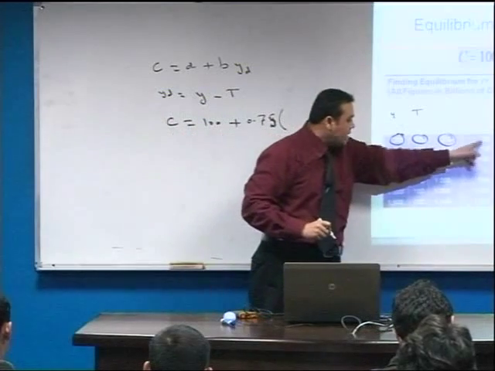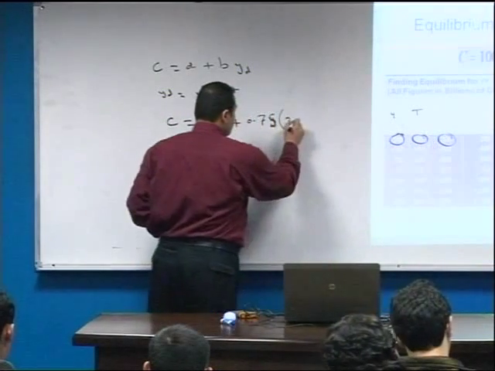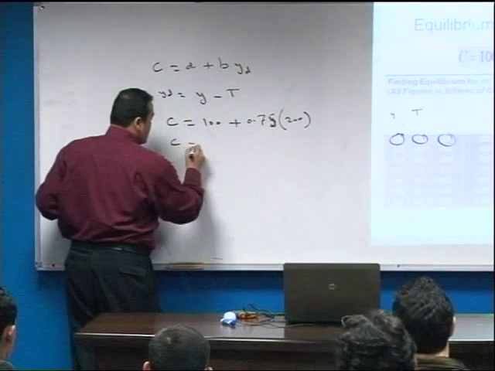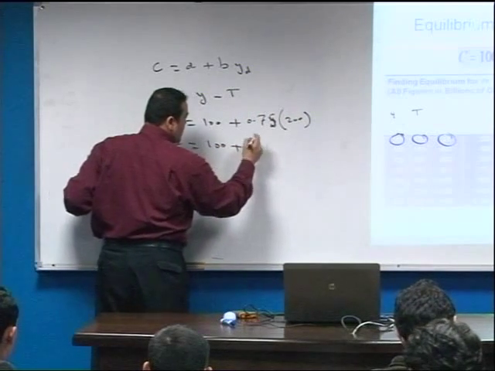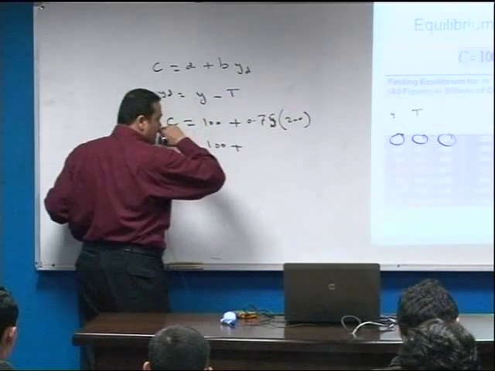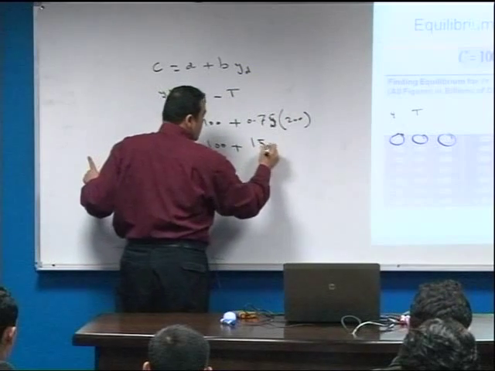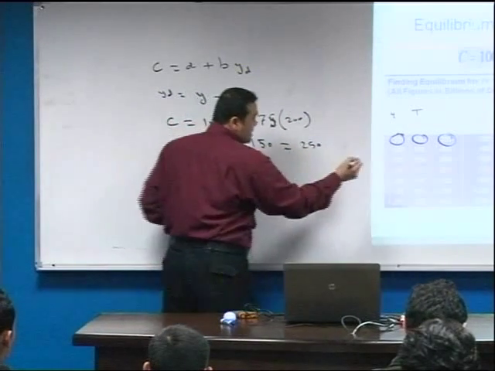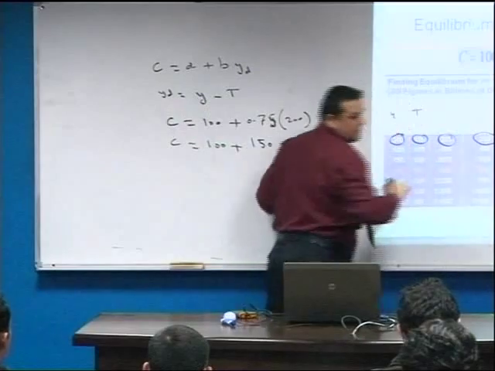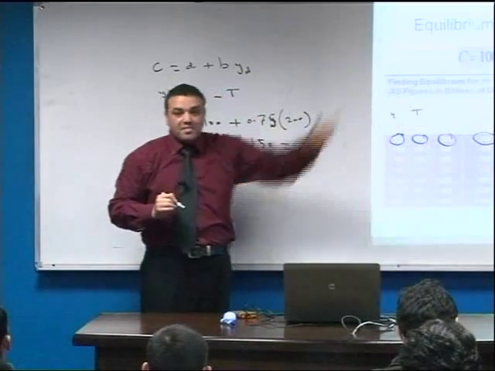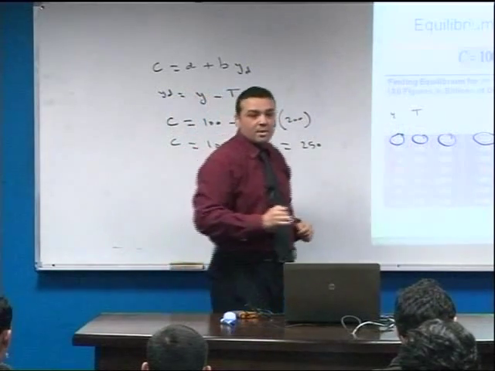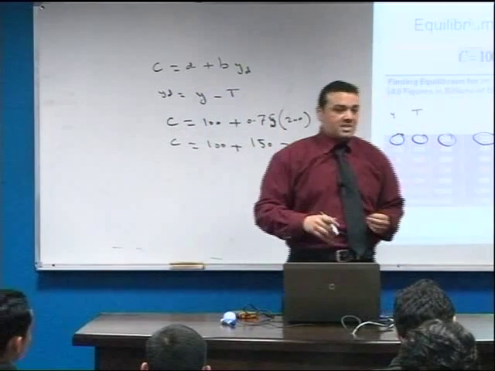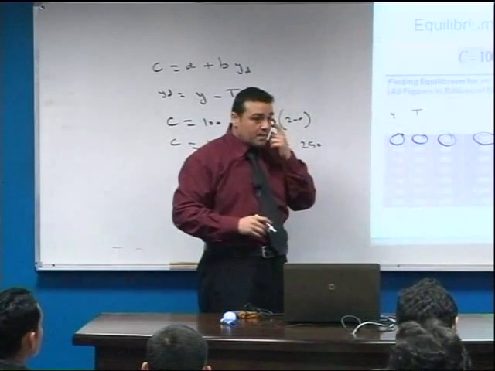YD equals how much? 200. So C equals 100 plus 75% of 200, which is 150, so it equals 250. This is the consumption, right? And we have to do the same for all cases, right? Okay.